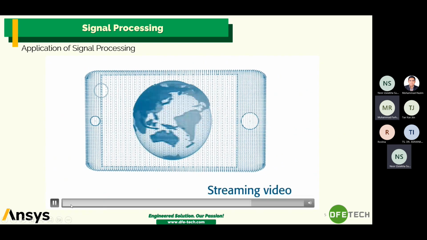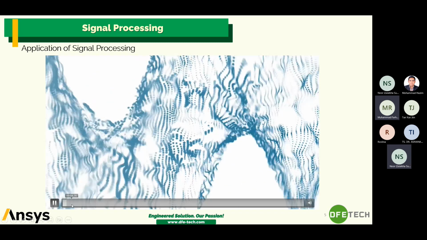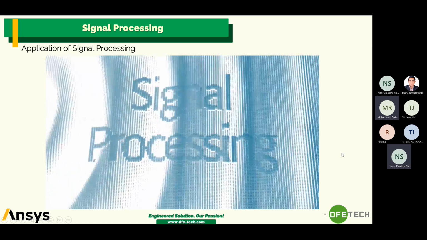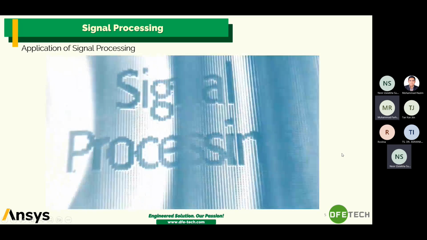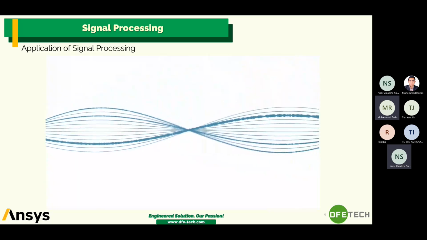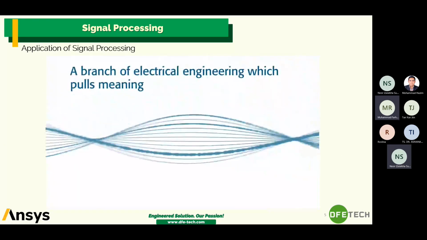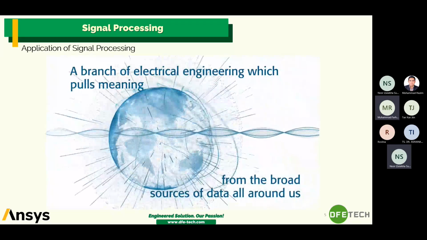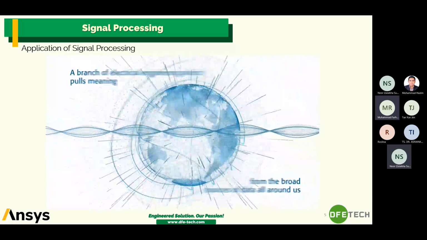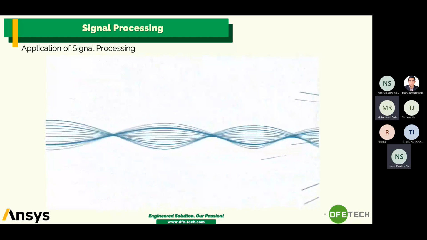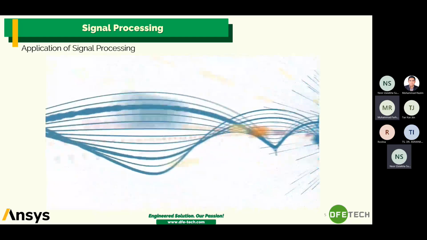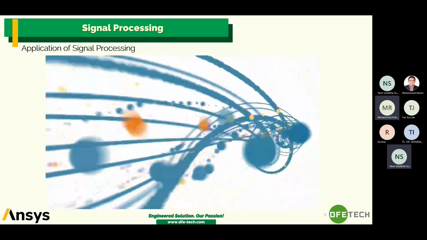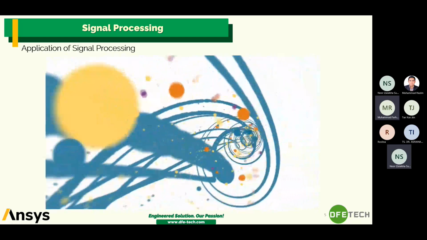In our pockets. What is signal processing? Signal processing is a branch of electrical engineering which pulls meaning from the broad sources of data that are all around us. But what does that mean exactly? It means signal processing is at the heart of our modern world.